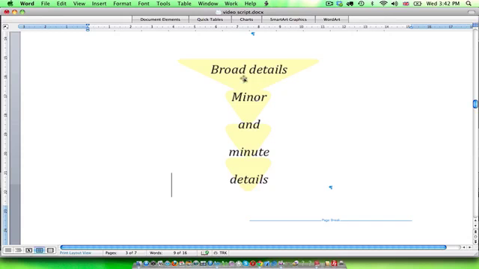And typically you're going to share the broad details in the first paragraph of your response. Minor and minute details are shared together. Minor details are shared, and if a significant point arises, then a minute detail is shared to ensure that you are clearly defining what is being shown in the data source.